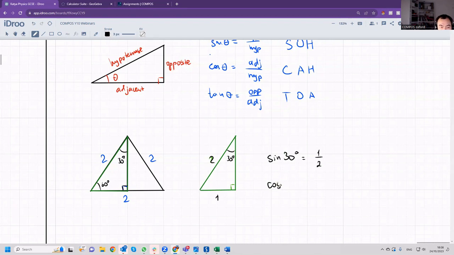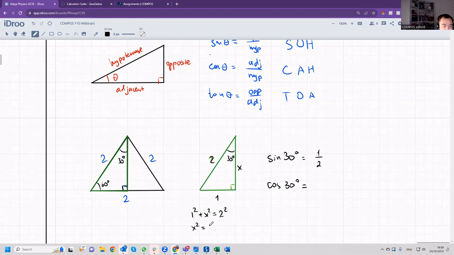What would be cos of 30? To find cos of 30, we need to find this side. And this side can be found using Pythagoras' theorem. If we need to find that side, it is going to be x. So 1 squared plus x squared equals 2 squared.